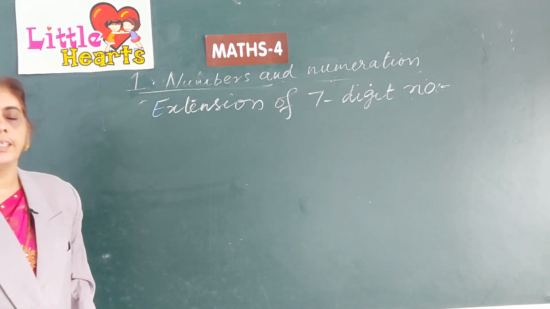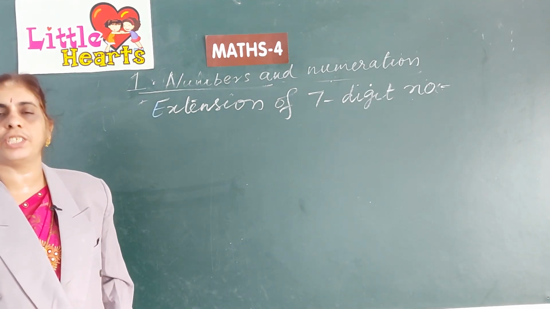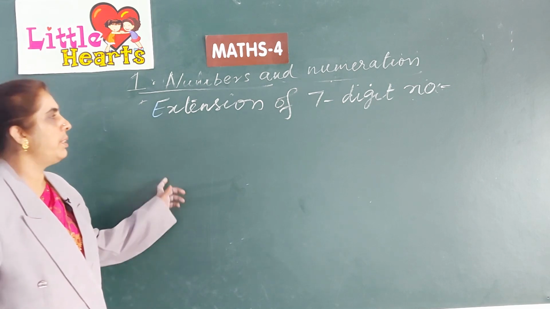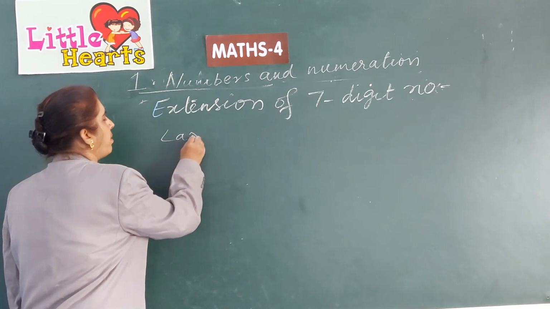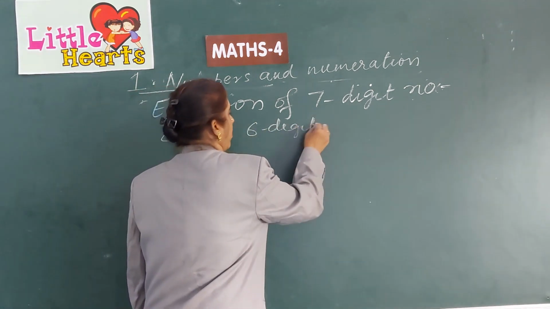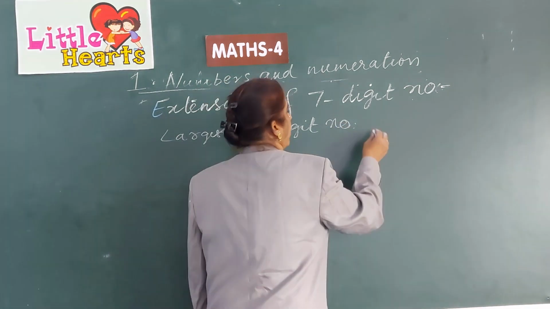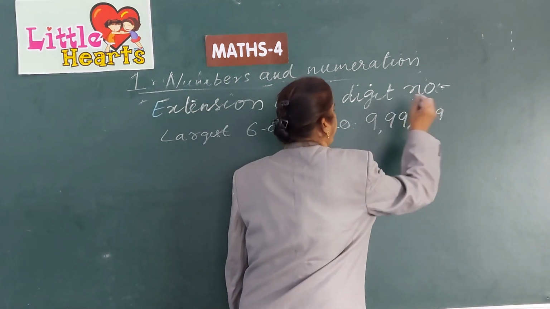Children, until now you learnt about 5-digit and 6-digit numbers. Now coming to the 7-digit number, what is the largest 6-digit number? 9,99,999.